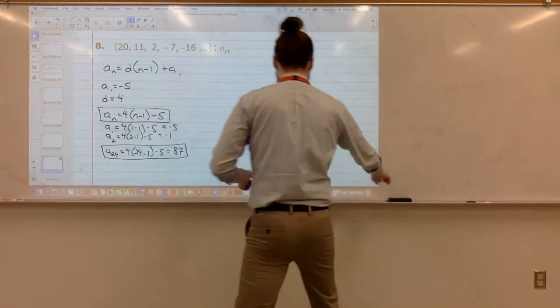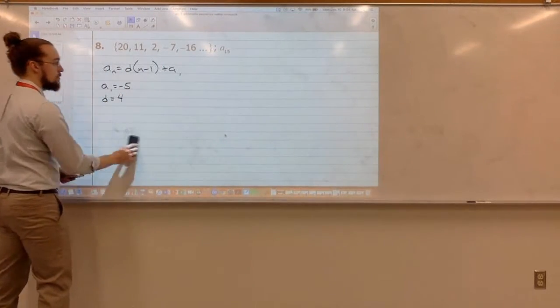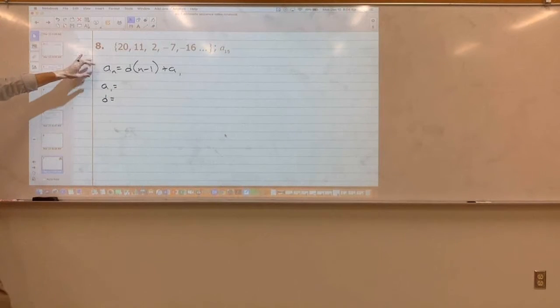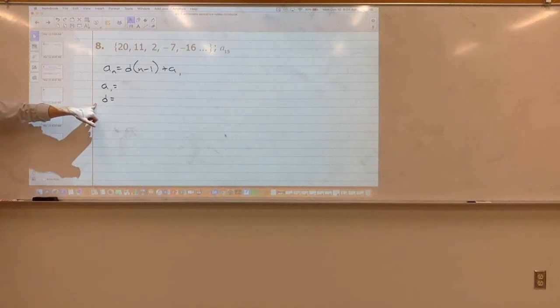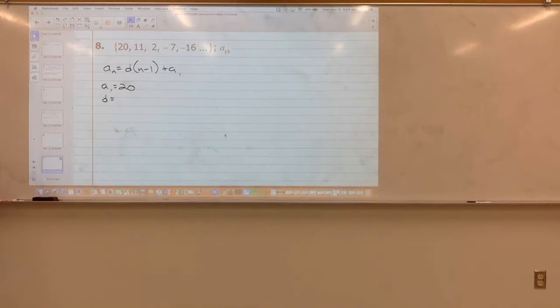All right, so here is my new sequence. I need the same two pieces of information, right? In order to write my rule, I need the first term. I need my common difference. So what's the first term? 20. And then common difference is 9. Almost. Negative 9? Negative 9.